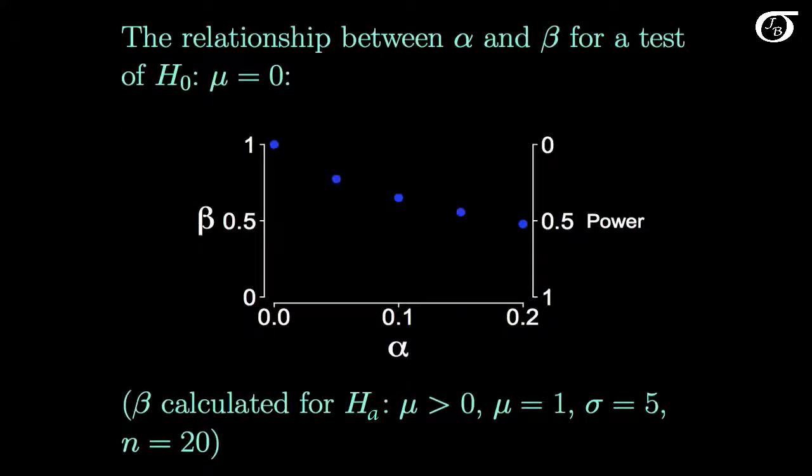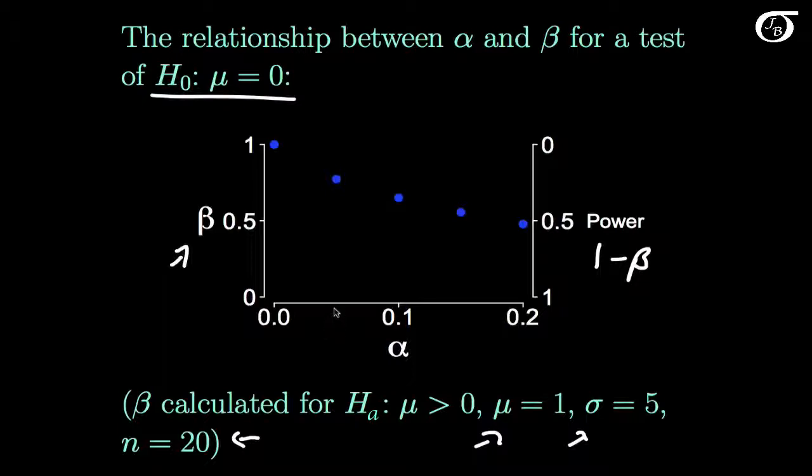Let's take a look at the relationship between alpha and beta for a test of the null hypothesis that mu is equal to 0. To calculate beta, I had to make a decision on a few of these quantities down here. And I show how to actually calculate beta in another video. For now, let's not worry too much about my choices there or how to calculate beta, and let's focus on the relationship between alpha and beta. Over here I put in the power, which is simply 1 minus beta.